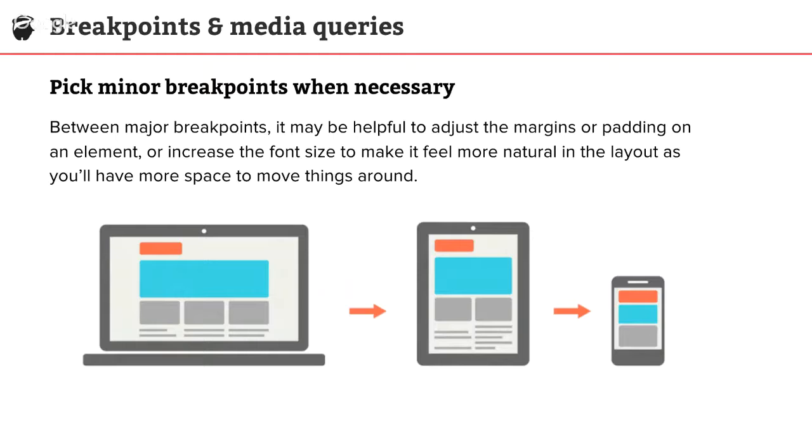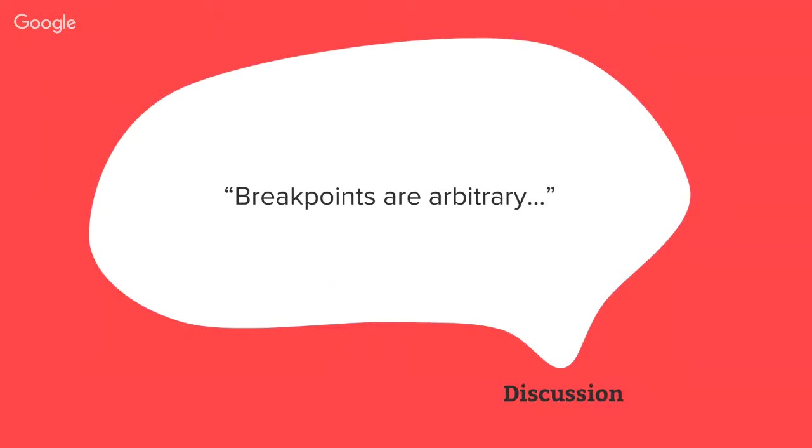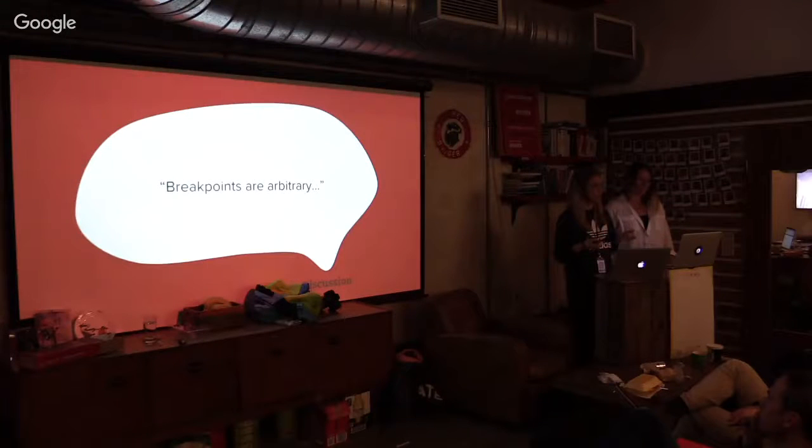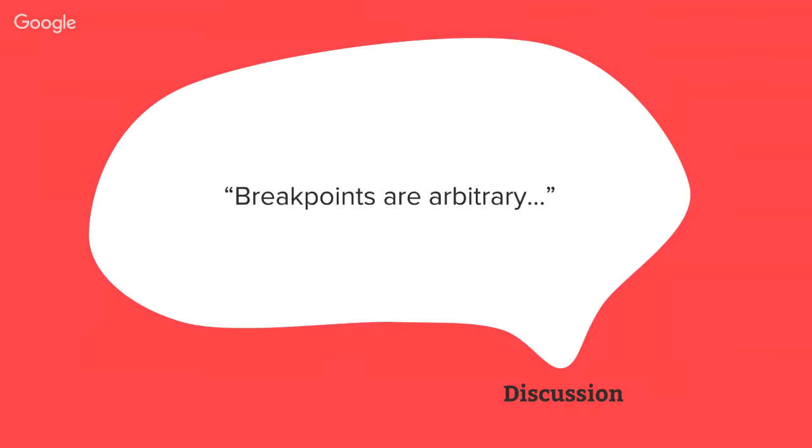But whichever way you go, there is no right or wrong way. So this is what we said, that the breakpoints are arbitrary. This is a discussion that we would like to have with you, because the question is, what is the best way to choose your breakpoints? What do you think? Is there a standard way to choose breakpoints or not?